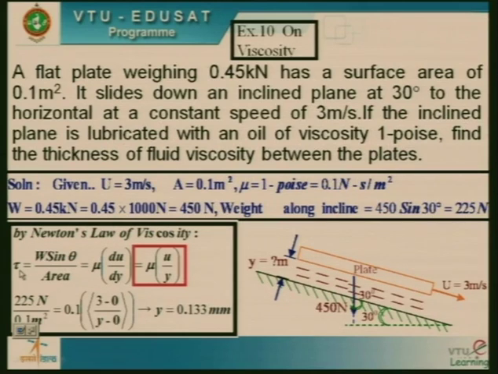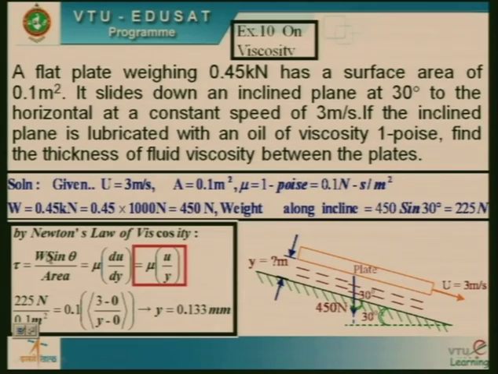Now what is our objective? We need to find the thickness of the fluid between the plates. So what is the formula? Same formula. We have the Newton's law of viscosity. I need not explain to you again. Tau is the shear stress, force upon area.